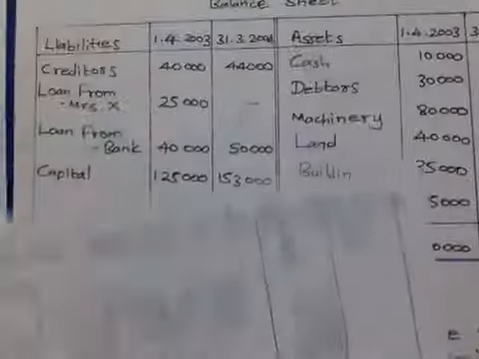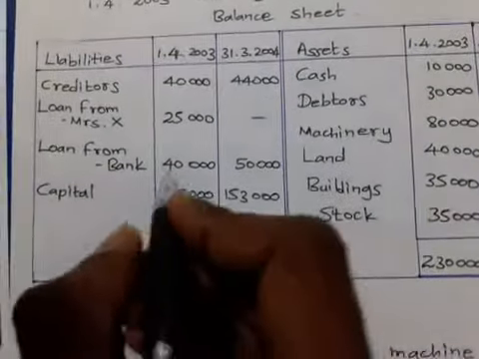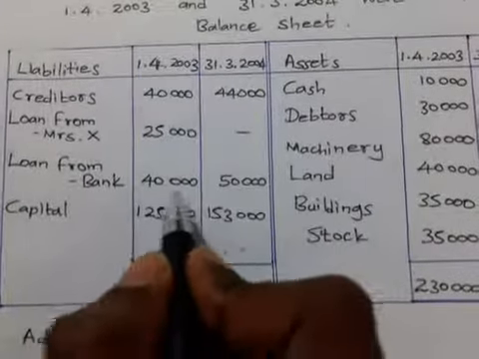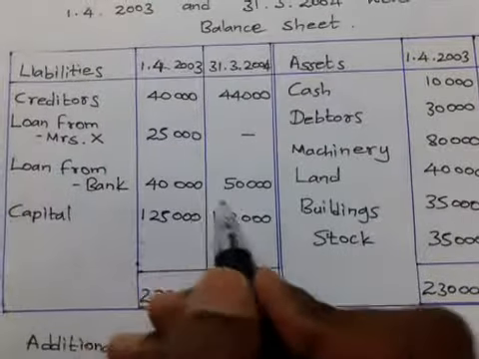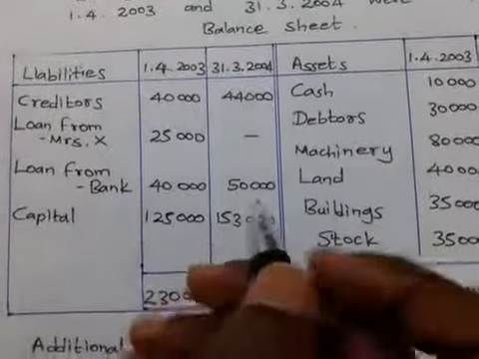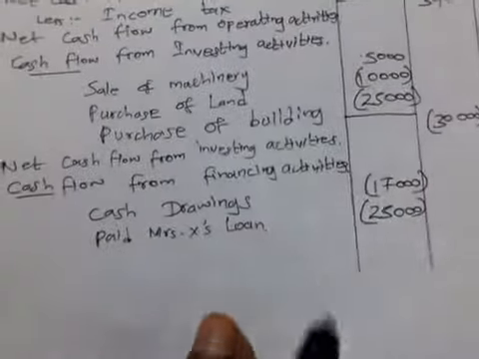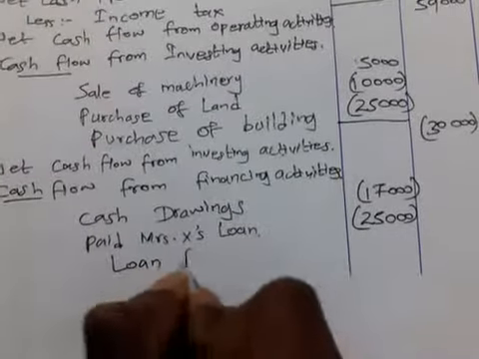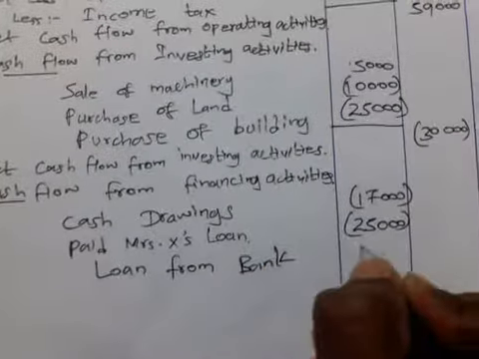Another one, there is a loan from bank, but it increased at the end of the year, so we received more money. 10,000 it increased. So cash inflow in this case, because we are taking cash from the bank, so we have to add this amount in the cash flow statement, 10,000. Loan from bank, 10,000.